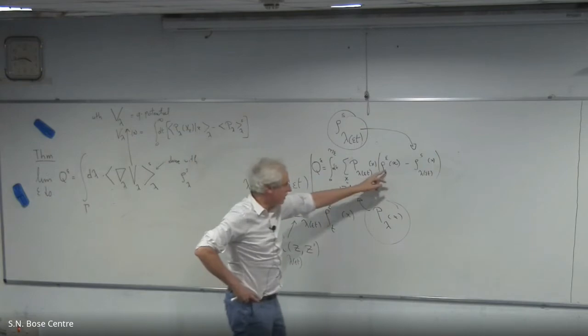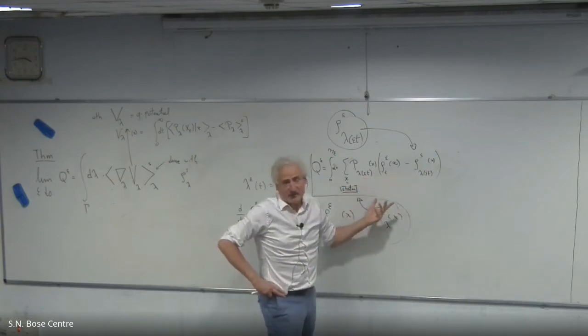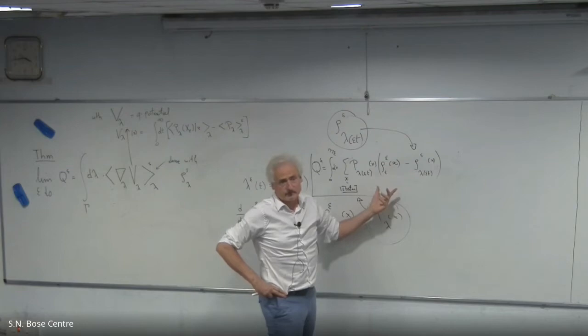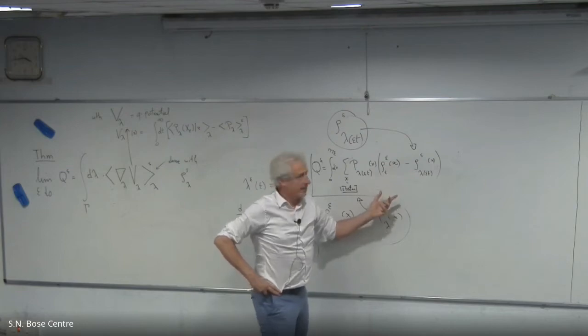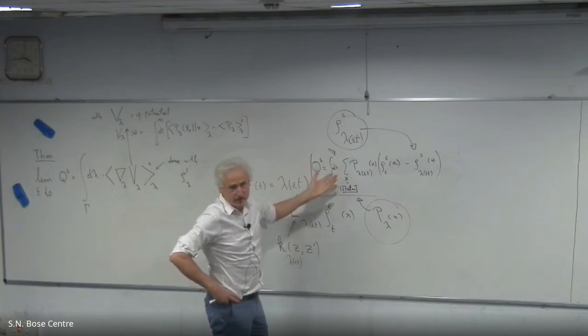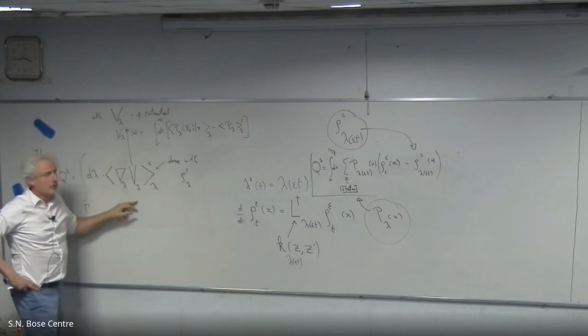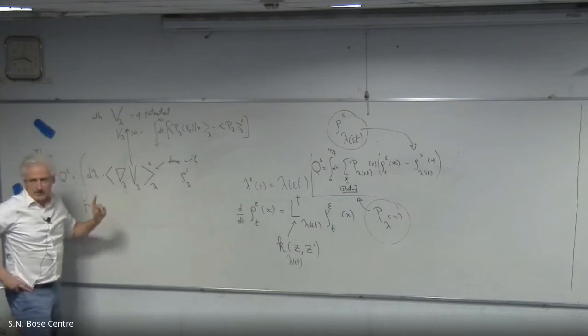Yeah, so this goes to there. I see. But it's not exactly true. It goes like epsilon. Okay? And as you integrate over 1 over epsilon, you get something finite. And this thing which is finite is exactly that thing. Is that okay? More questions?